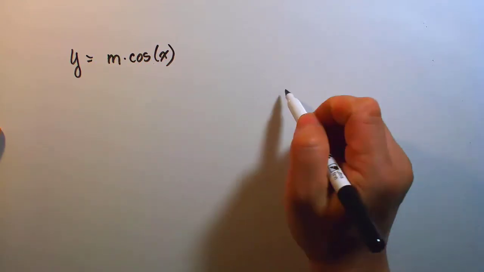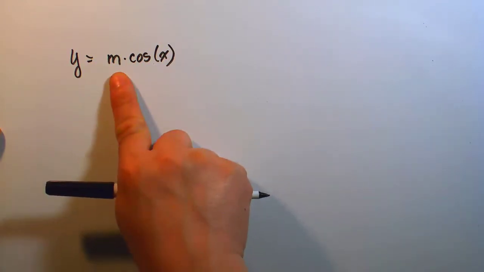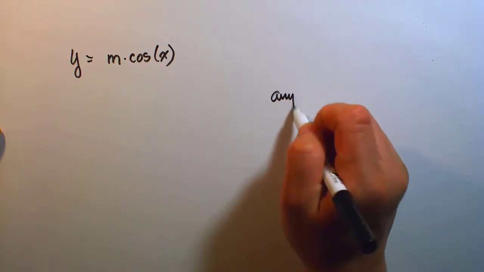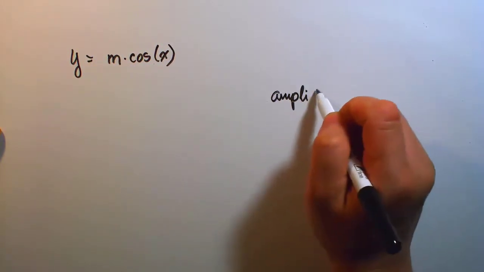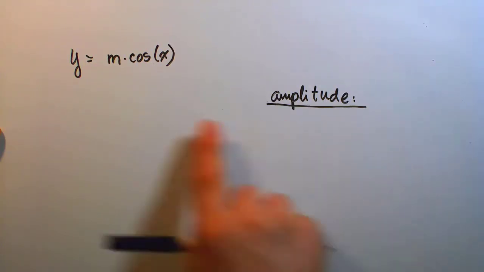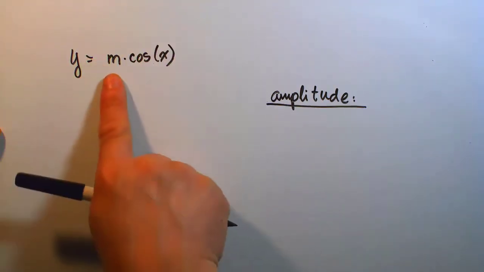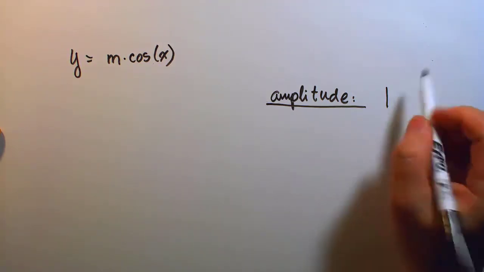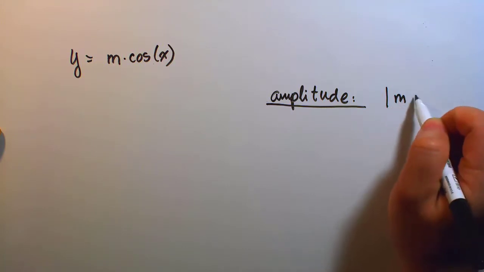Throughout our investigations, it looks like the amplitude is changed by the absolute value of m. So the amplitude of this function, coefficient m times cosine of x, will equal the absolute value of coefficient m.